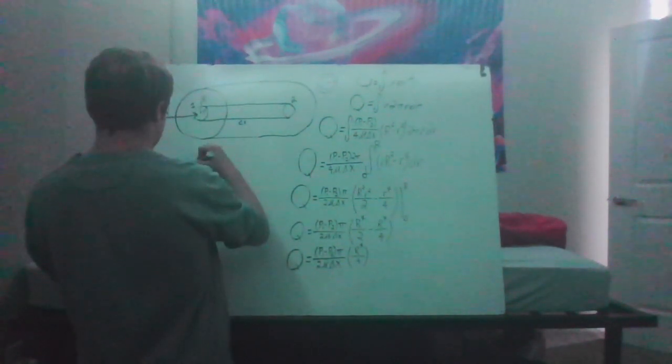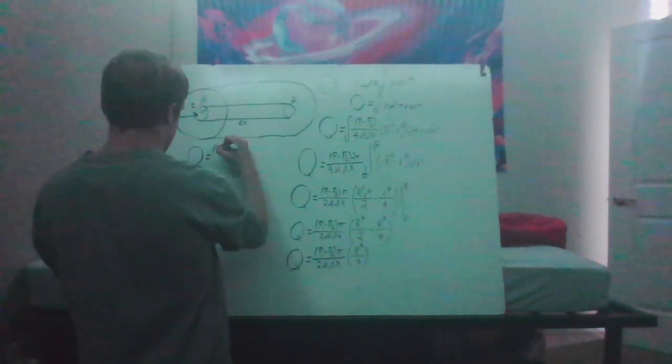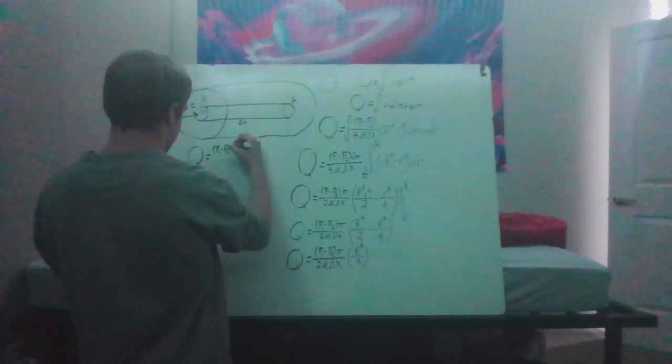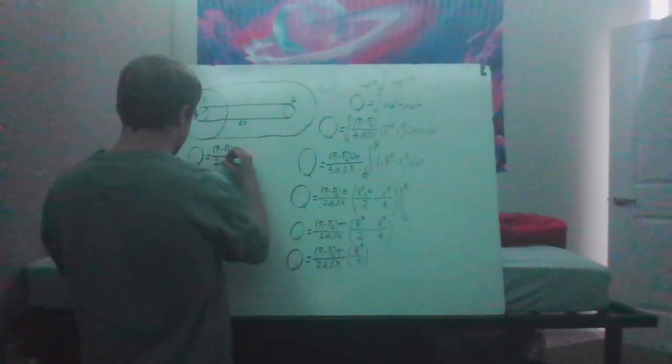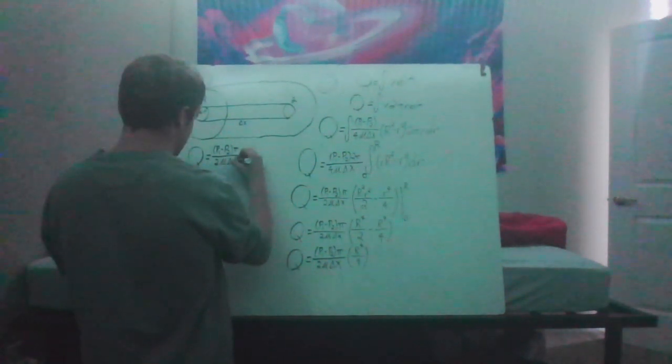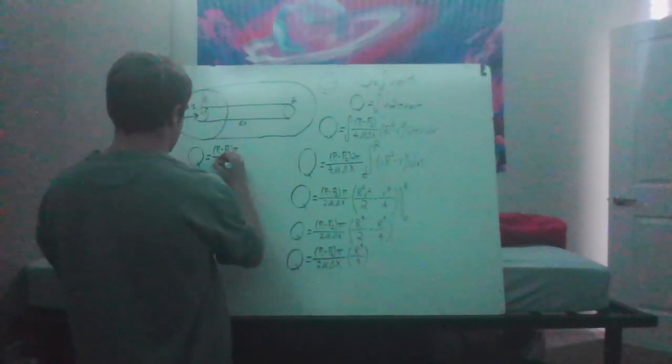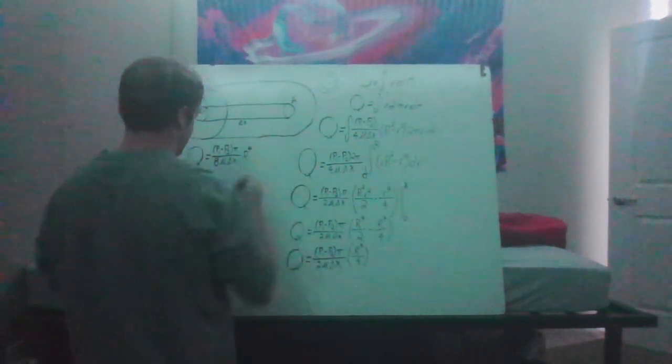So it'll end up being, and I'm going to write it up here, Q equal to P1 minus P2 pi over 2 mu delta x, again 2 times that 4, it'll actually be an 8 here, and then big R to the 4th.